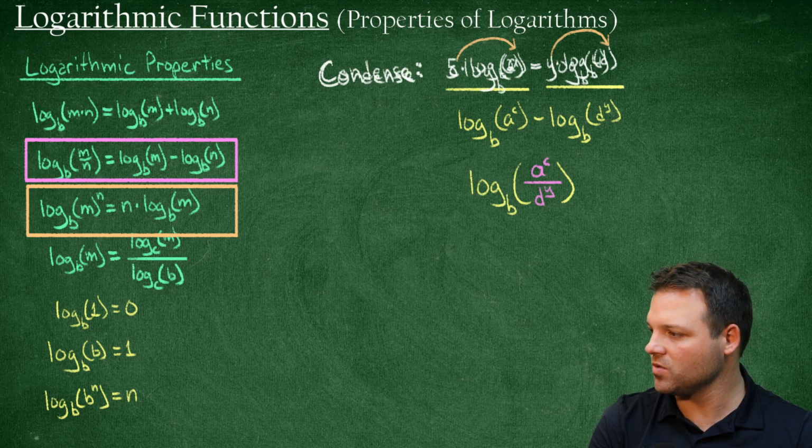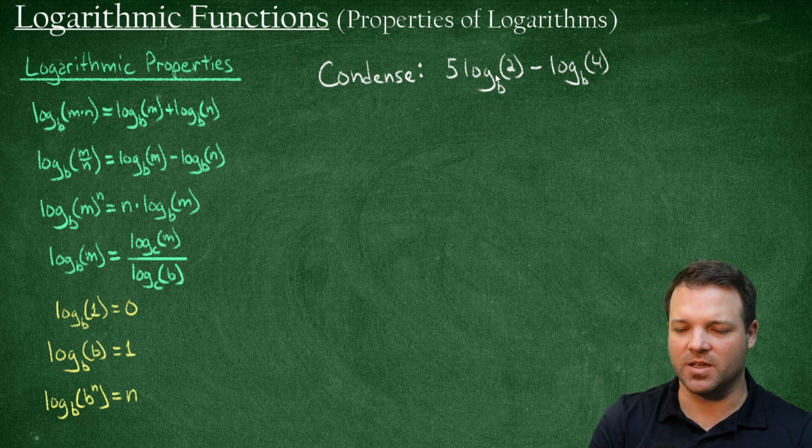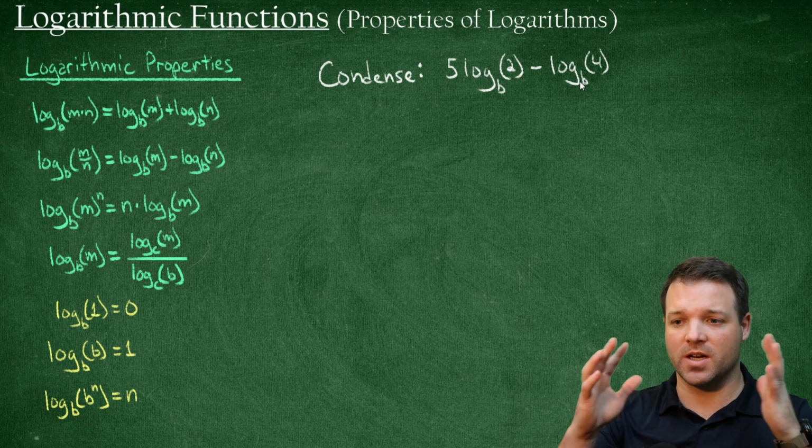Okay, let's do one more. We're going to condense, and in this case, we're going to use real numbers. The base is still just going to be a variable, but we'll apply actual numbers in here. So we're going to condense 5 times log base b of 2 minus log base b of 4. Again, I am noticing that these do have the same base, so I am going to try to compress these.